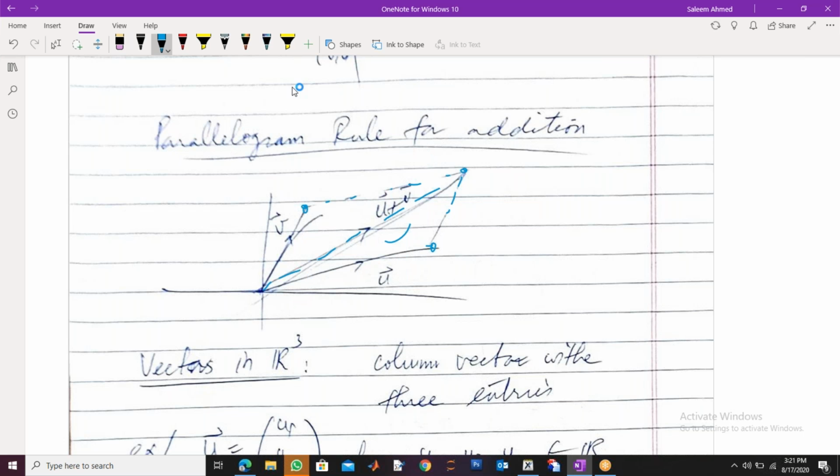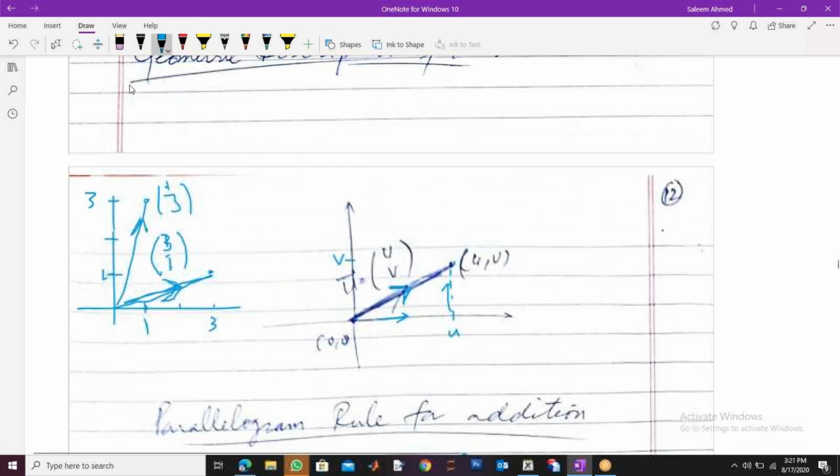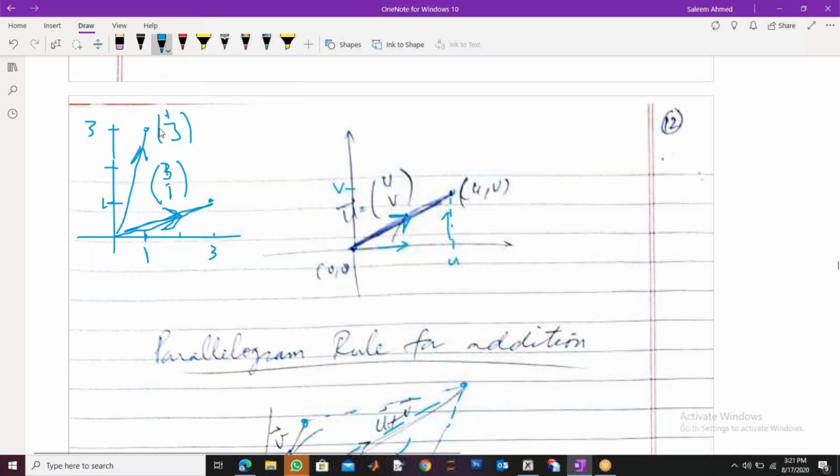For example, this was (3, 1) and this was (1, 3). If I complete this parallelogram, this diagonal vector will be (4, 4), because if you add these two, 3 plus 1 and 1 plus 3 becomes (4, 4).